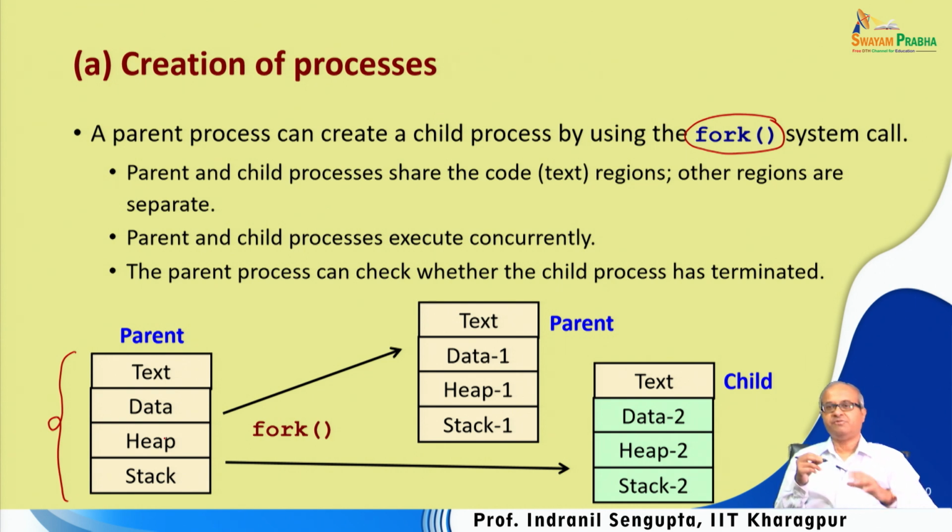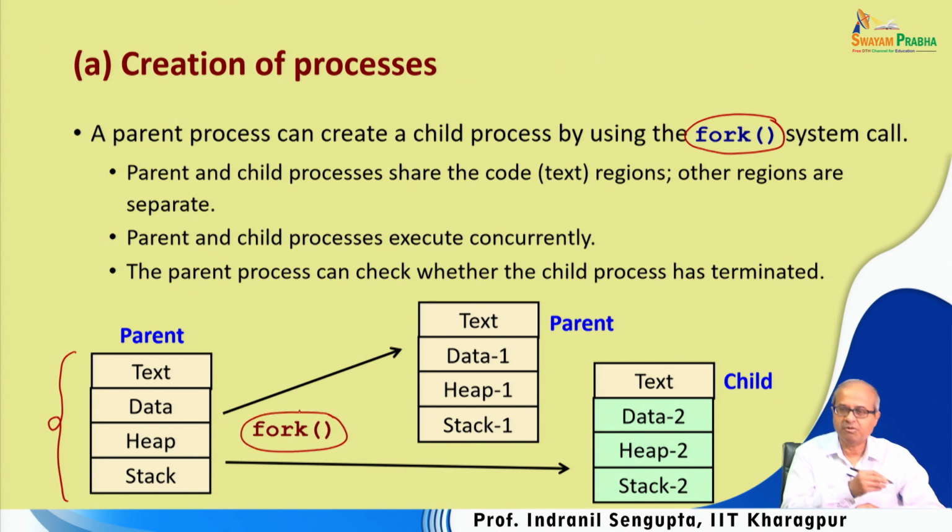So, a parent having these 4 regions is invoking fork. After the fork system call is executed, a new process will get created. One of these 2 is the original parent, so the parent will continue to be there. The text, data, heap and stack, whatever was there, the same values will remain, they will be the same values.